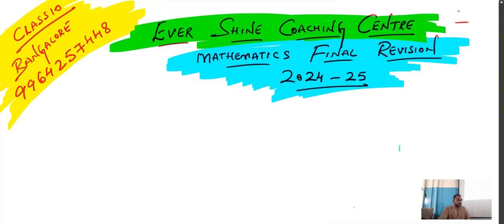In our previous session we have already completed all the theorems, graphical method, mean, mode and median related problems in the part 1 video, isn't it? Yes. And in the part 2 video we have covered the topics real numbers and polynomials.